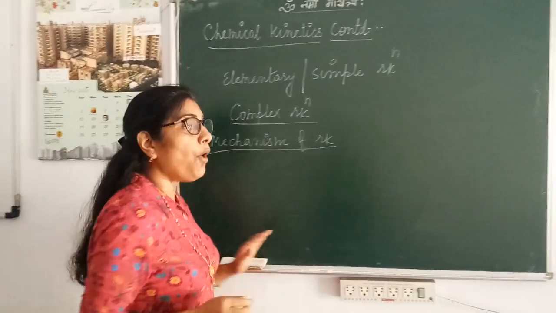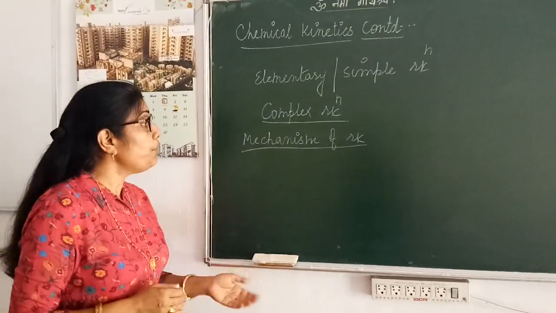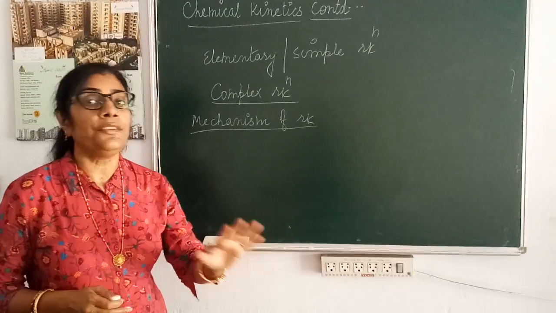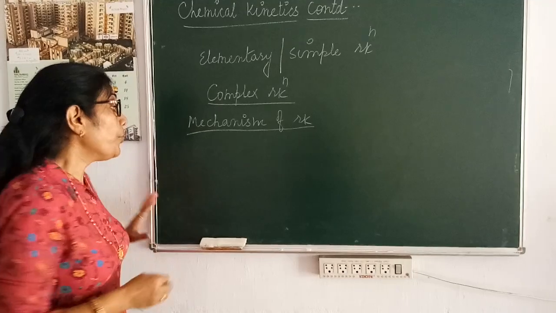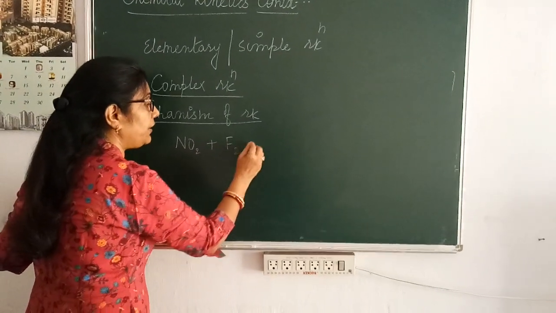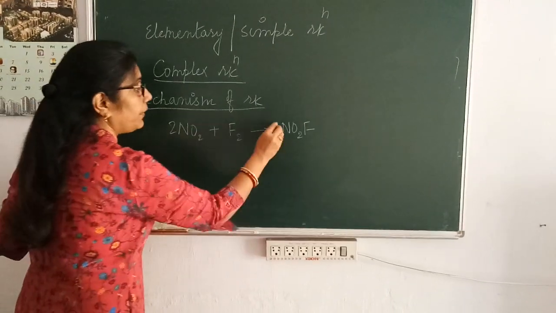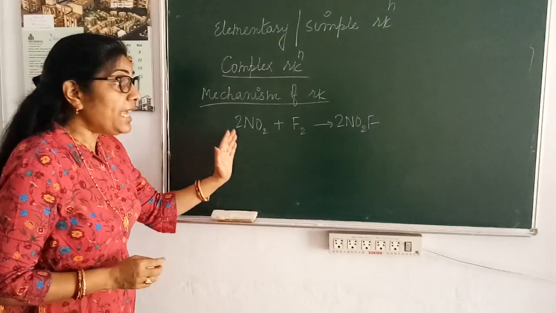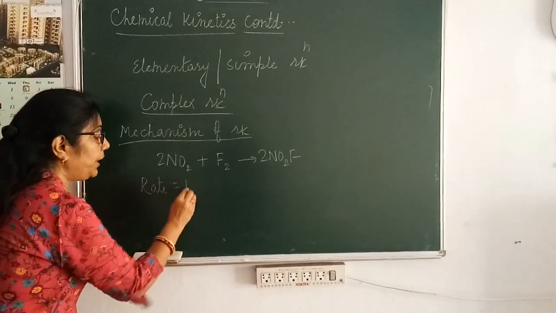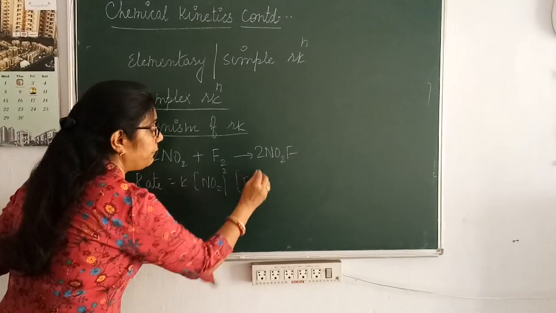The mechanism of reaction says that when a reaction takes place in more than one step, then the slowest step will be the rate determining step. So let's take an example. Suppose NO2 combines with F2 and it gives NO2F. Now if you apply the law of mass action, rate would be equal to K into NO2 square into F2.